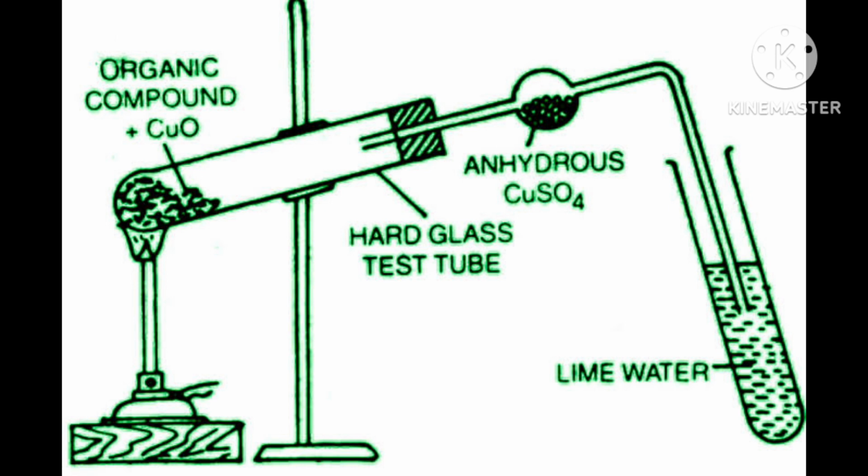Now detection of other elements. Nitrogen, sulfur, halogen and phosphorus present in organic compounds are detected by the Lassaigne test. Except carbon and hydrogen, all other elements are tested or detected by the Lassaigne test.